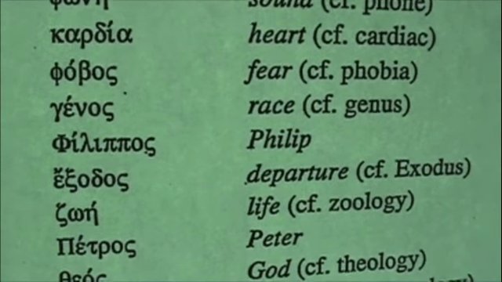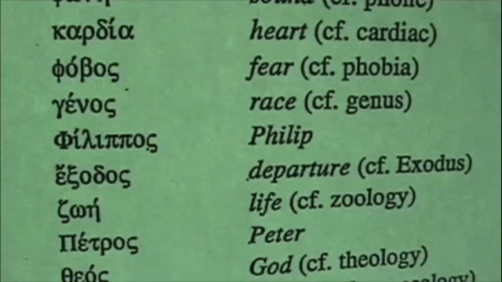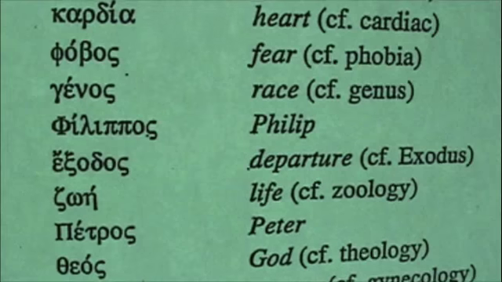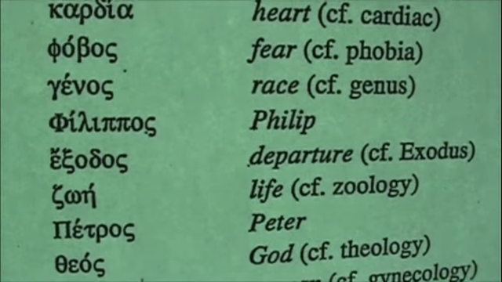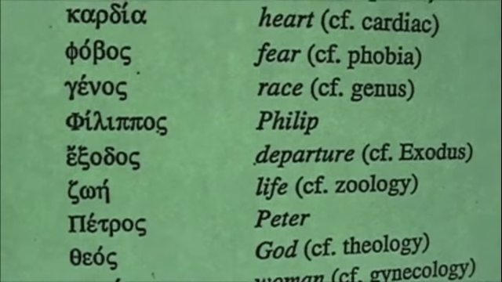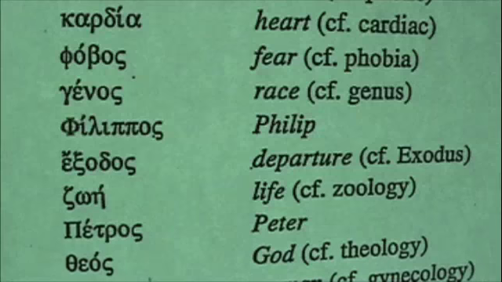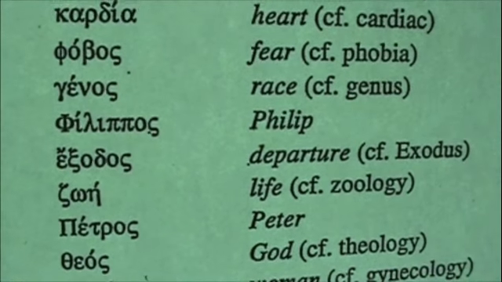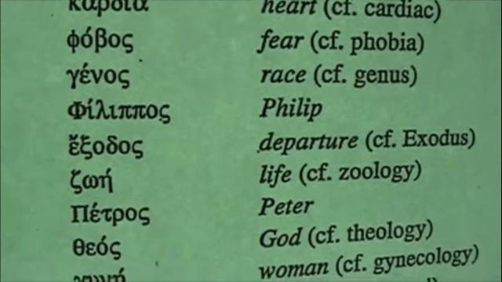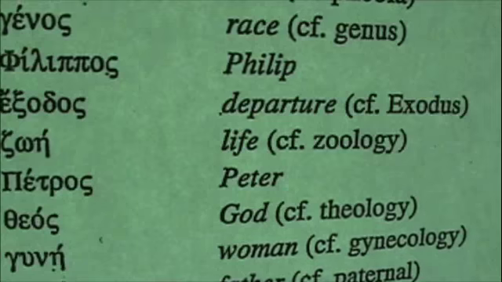Phobos is the word fear. We get phobia. The next word is the word genos. Everybody say genos. The word is race. We get our word genus from it.